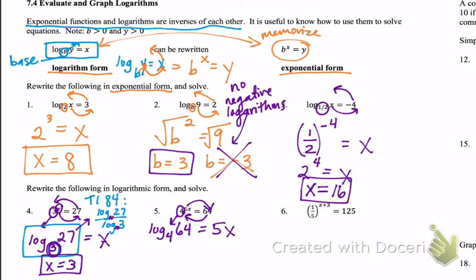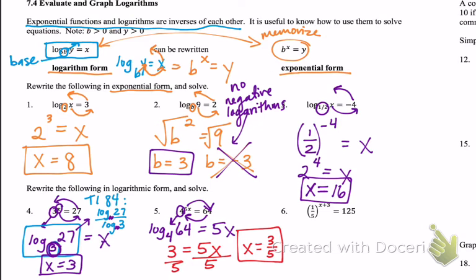And so then if I were to solve, log base 4 of 64, if you type that in your calculator, you end up getting 3 equals 5x. Divide by 5, divide by 5, x equals 3/5. So that would be my answer.